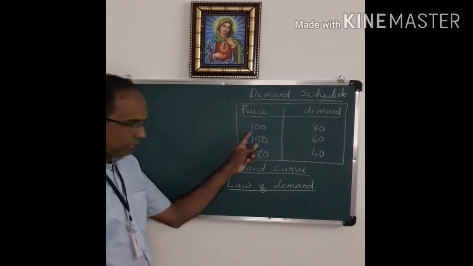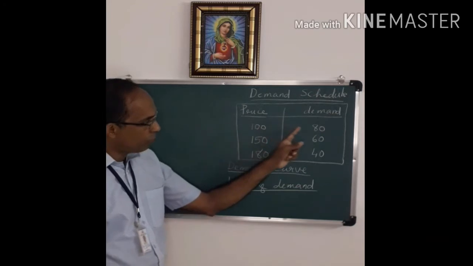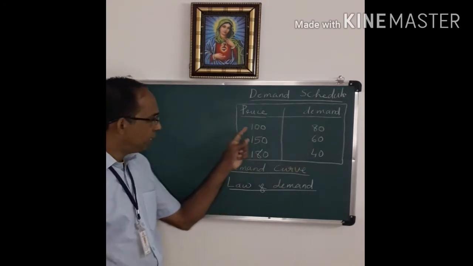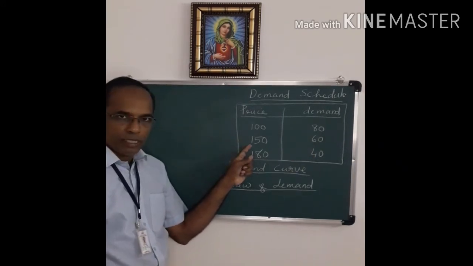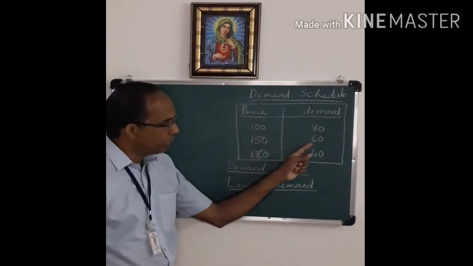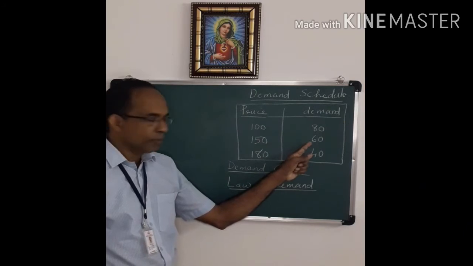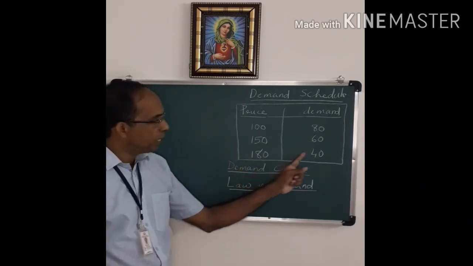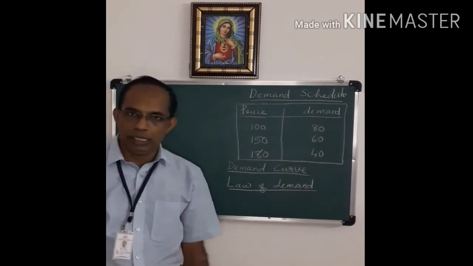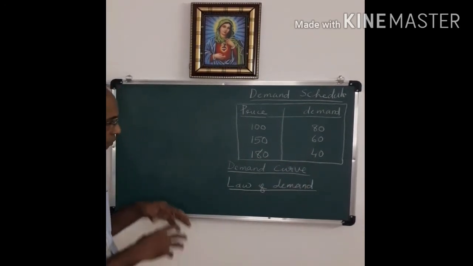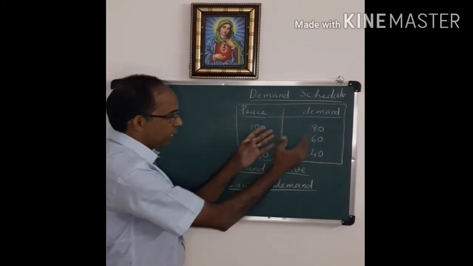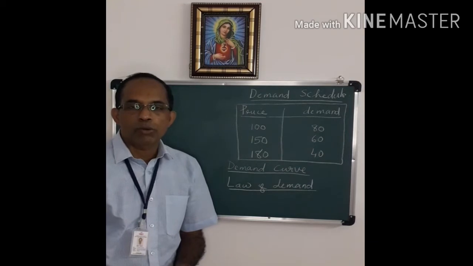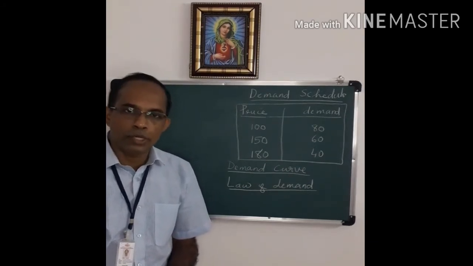At rupees 100, the demand of apple for Ashin is 80. When price increases to 150, the demand decreases to 60, and again when price increases to 180, the demand decreases to 40. When we represent this price and demand in a table, we call it a demand schedule.